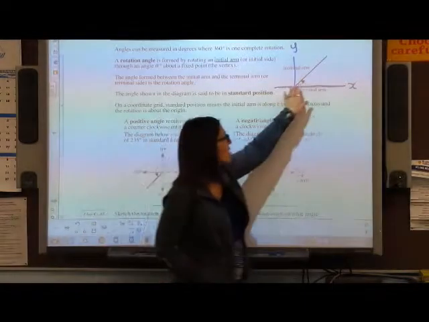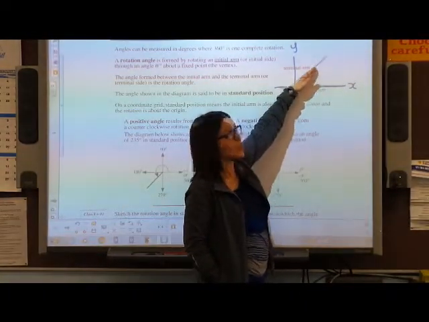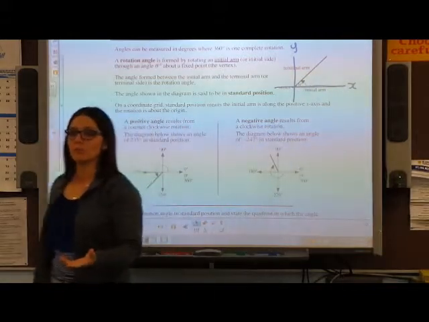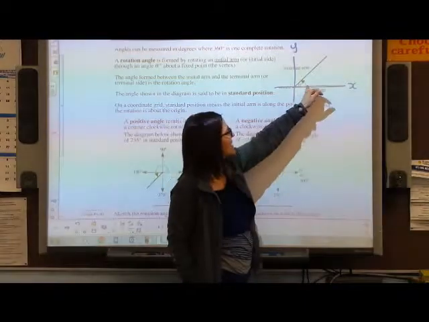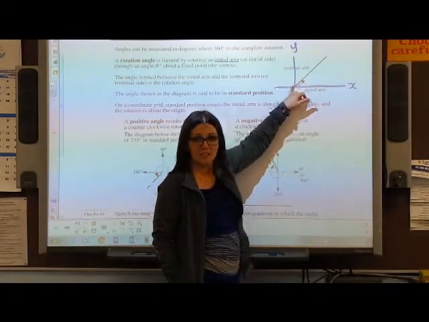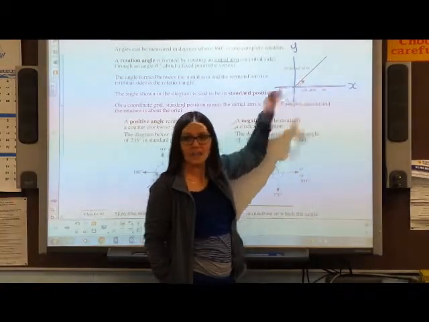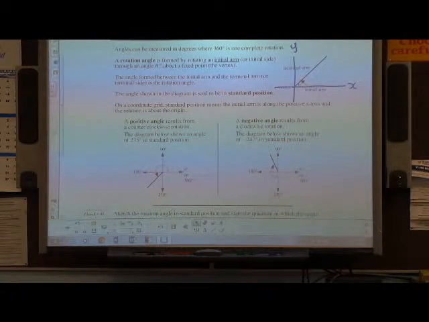So that initial arm is on the positive x-axis. Where we stop the angle, we call that the terminal arm. Terminal meaning stop. And then the point that's created with the two lines is called the vertex. Most commonly, the vertex is on the origin.